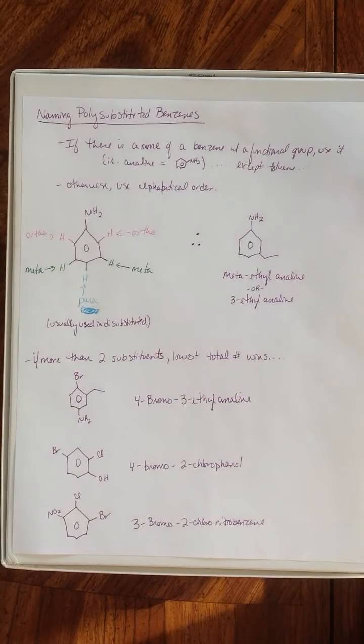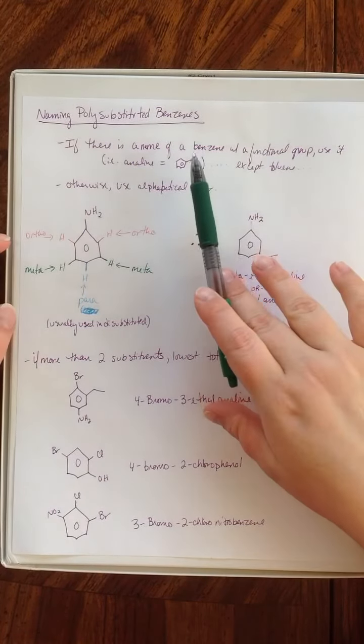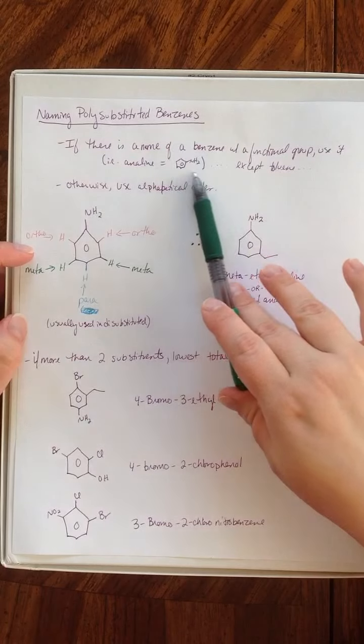Naming. Okay. So this is a little bit of a different topic from what we were talking about before. But when we're talking about polysubstituted benzene, what we first want to do is use those names we were talking about earlier.